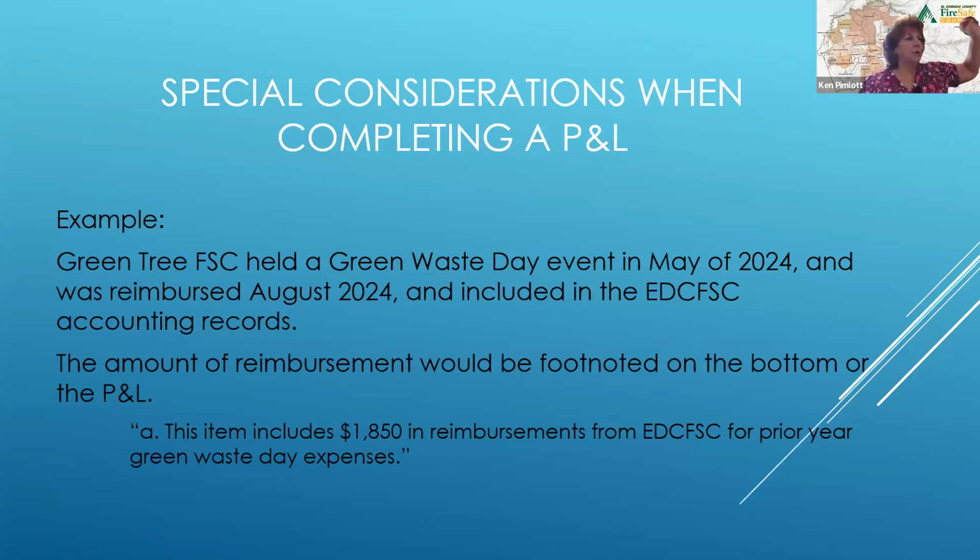You're going to footnote the reimbursement saying this item includes X number of dollars, in this case, $1,850 in reimbursements from the parent organization for a prior year green waste event expenditure, because you don't have the expenditure in your account to remove, because that was in last year's P&L. So you're going to footnote it, and then we're going to take care of it centrally here.